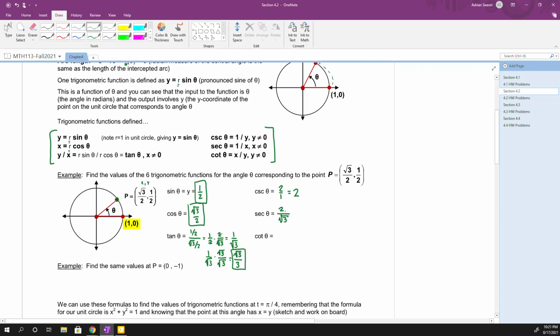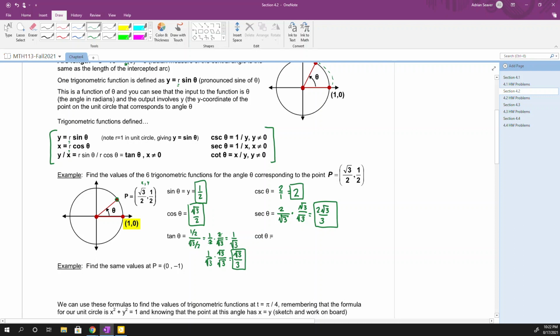Okay. So again, I run into that situation where I have a radical sign in the denominator. So I want to get rid of that. So I'll multiply the top and bottom by the square root of 3. When I do that, I get 2 times the square root of 3 divided by 3. Okay, so that's your secant. And we've already got the cosecant.